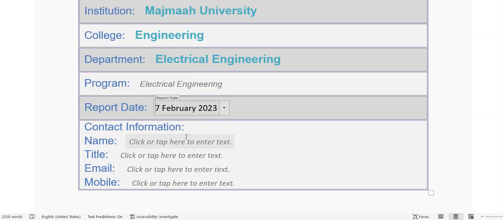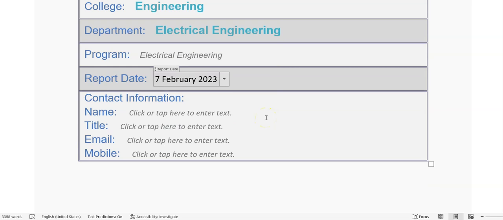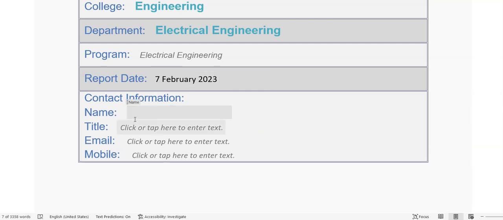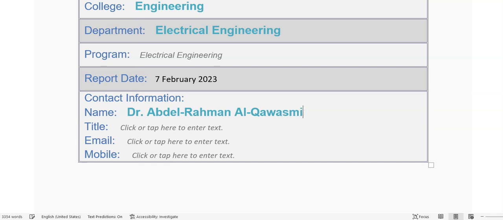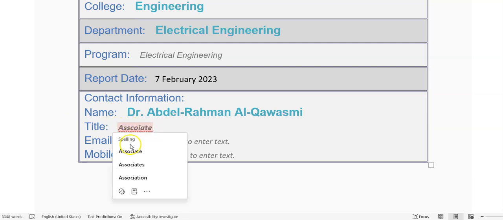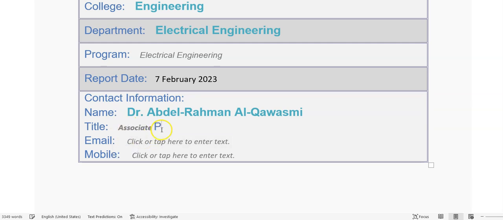For example, here, contact information, it can be the information of the head of department or the program coordinator. For example, Dr. Abdul Rahman Qawasmi, title Associate Professor.